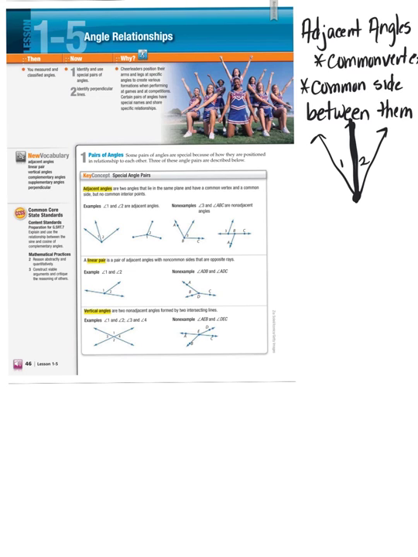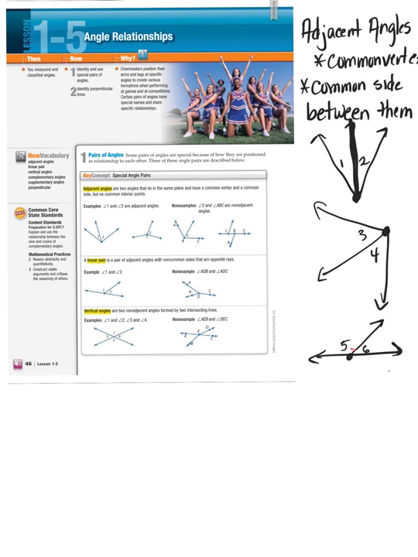You can have all sorts of adjacent angles. Angle 3 and angle 4 are adjacent. You can have adjacent angles like 5 and 6 when you've got the common vertex.